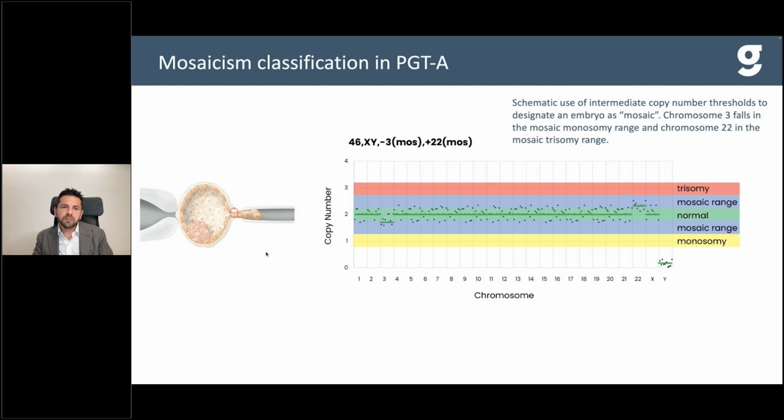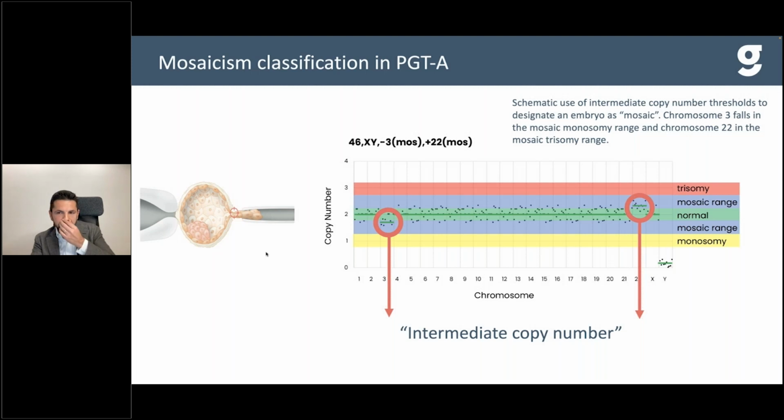Then we run an NGS analysis, usually shallow sequencing, and based on the reads that we obtain on each chromosome, we derive the copy number values. So we can set some thresholds, the euploid threshold and the aneuploid threshold, and those chromosome copy number values that fall between the aneuploidy and the normal range are usually designated as mosaic.